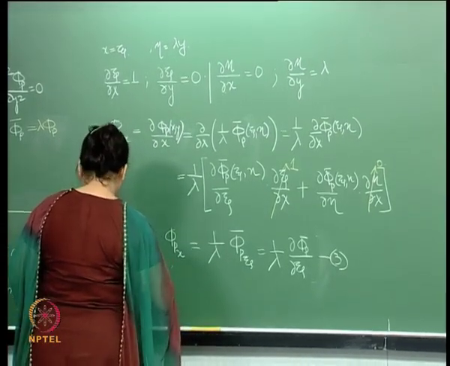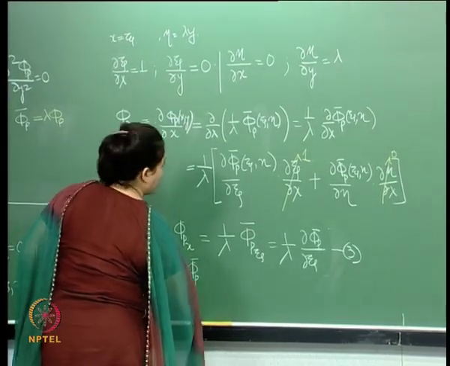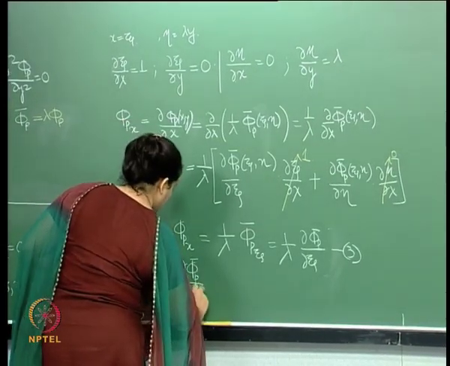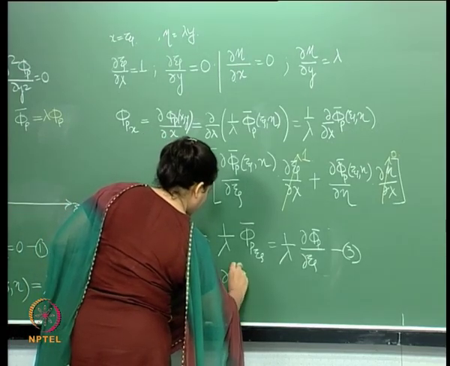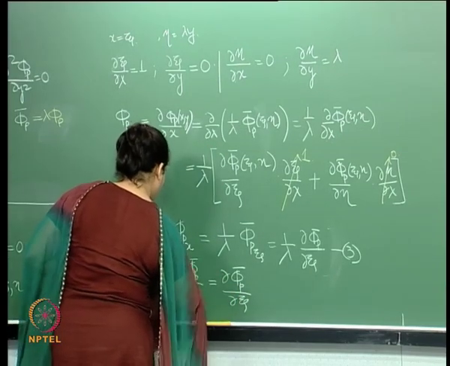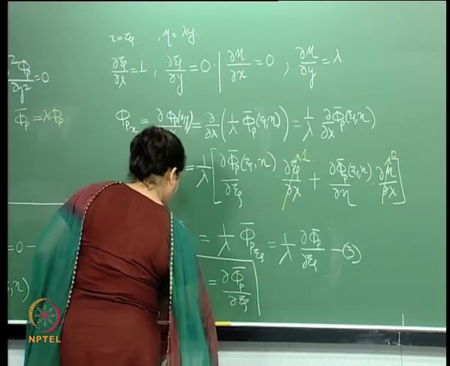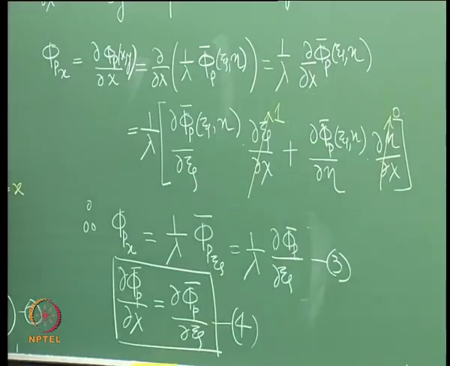We can write that del phi p bar del x is equal to del phi p bar del zeta, and let us call that 4. So, we basically get 2 pieces of information here.